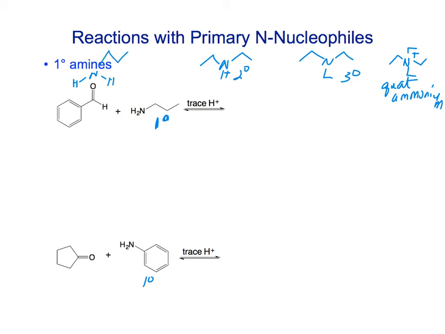Like this. What we're going to end up doing is forming a water molecule right here, okay? And then the nitrogen is going to replace the oxygen. Okay, so the product we get is going to look like this, with a carbon-nitrogen double bond.